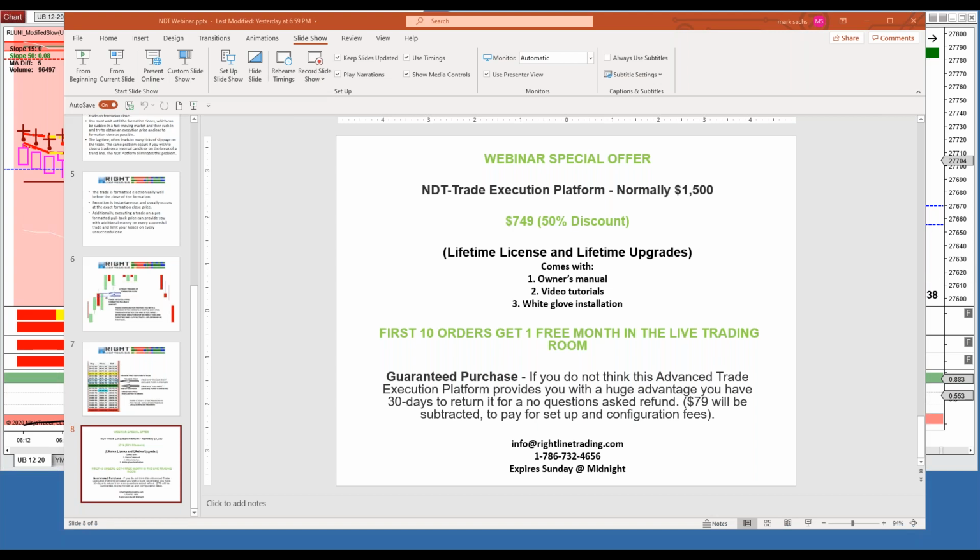So everything is configurable. And that's why we're charging that small fee, because everyone's going to be telling him what they optimally want. Now, you may want him to configure 3 different targets. He's got to configure each one of those for you. Maybe on the NASDAQ, you want a 15-tick target.